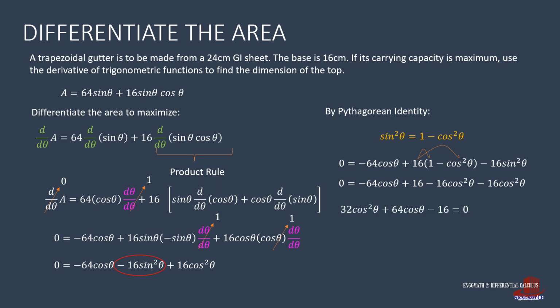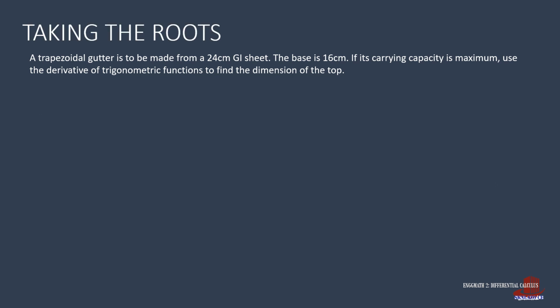Collect similar terms and reduce the function into 32 cosine squared theta plus 64 cosine theta minus 16 as equal to 0. Reduce the coefficients to have 2 cosine squared theta plus 4 cosine theta minus 1 as equal to 0.